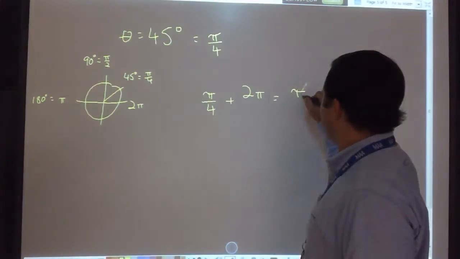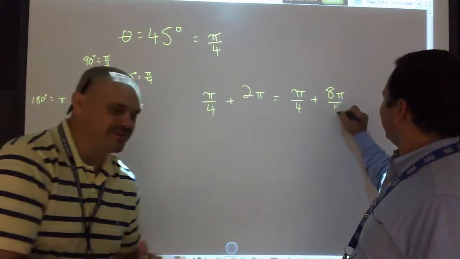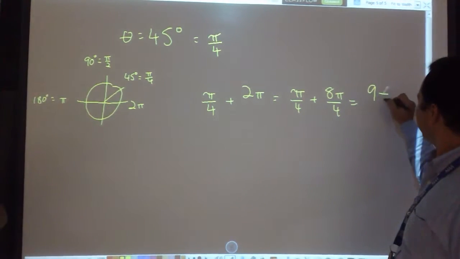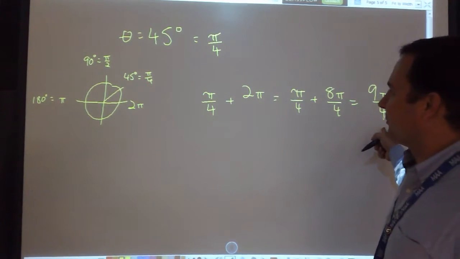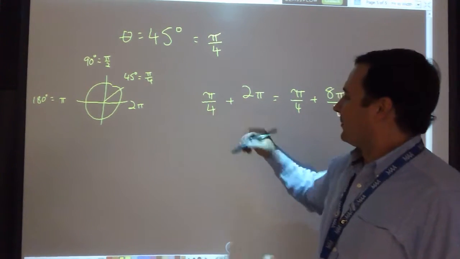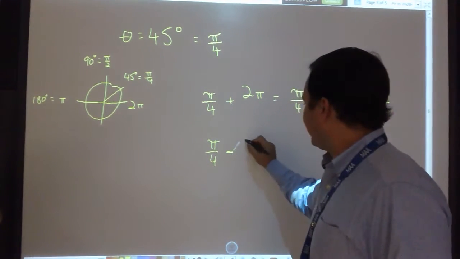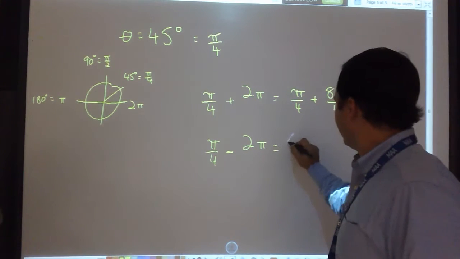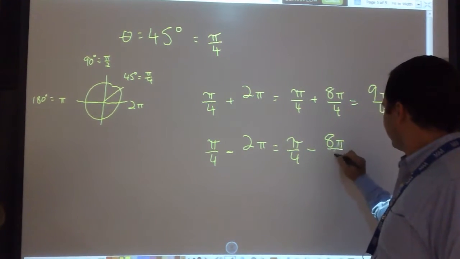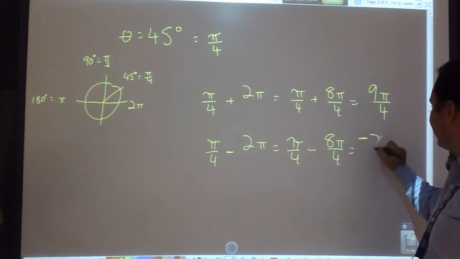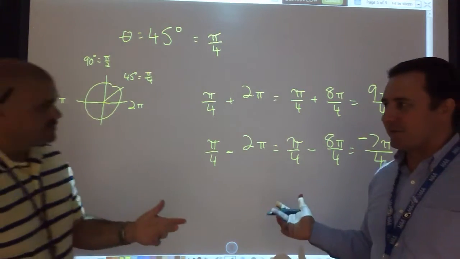I actually like finding common denominators. So 9 pi over 4 is a positive coterminal angle to pi over 4. And to get my negative, I'll just subtract 2 pi, and I get negative 7 pi over 4 for a negative coterminal angle.